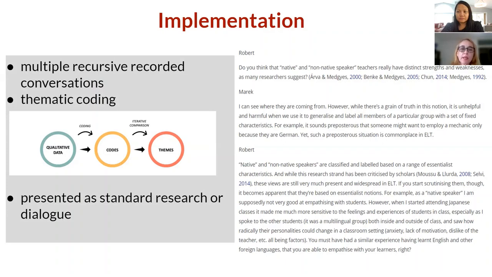And then it can be presented either as a standard research project or as a dialogic project. The screenshot on the right shows an example of a duoethnography presented as a dialogue between two researchers. Our book chapter has used a similar approach, but we use thematic headers.